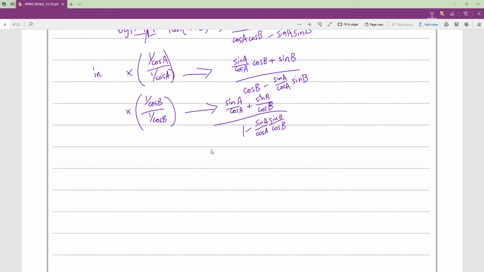The tablet's been tilted. And finally, using identity 3 again, we can convert these sines over cos into tans. So tan A plus B is equal to tan A plus tan B over 1 minus tan A tan B. Excellent stuff.